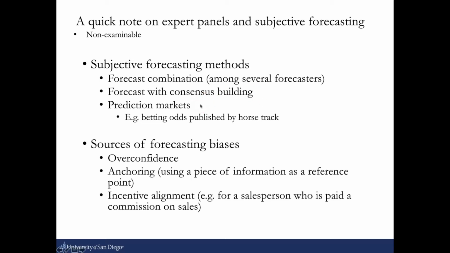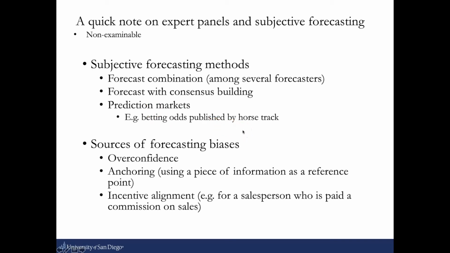The third method here is prediction markets. So this is akin to a betting game in which forecasters can place financial bets on their forecasts. So take for example betting odds published by Horse Track.